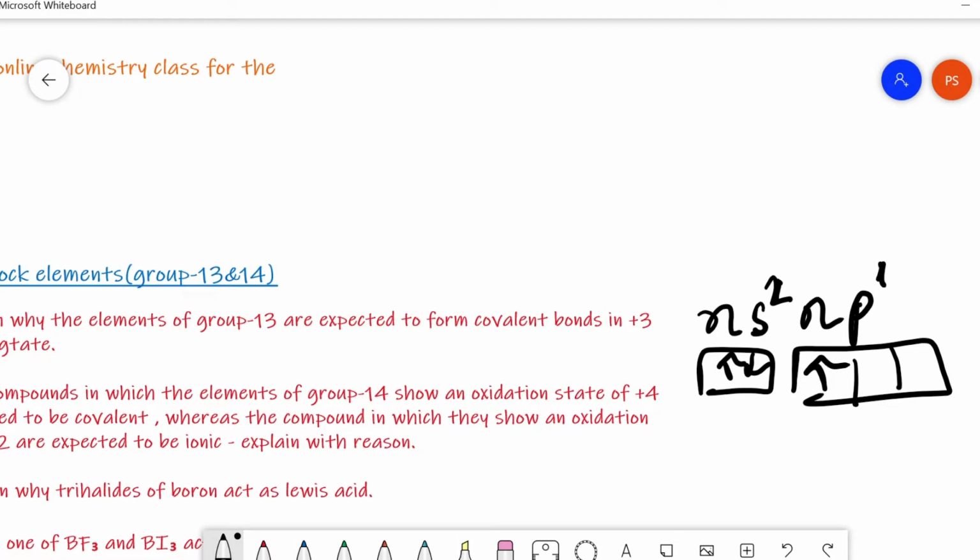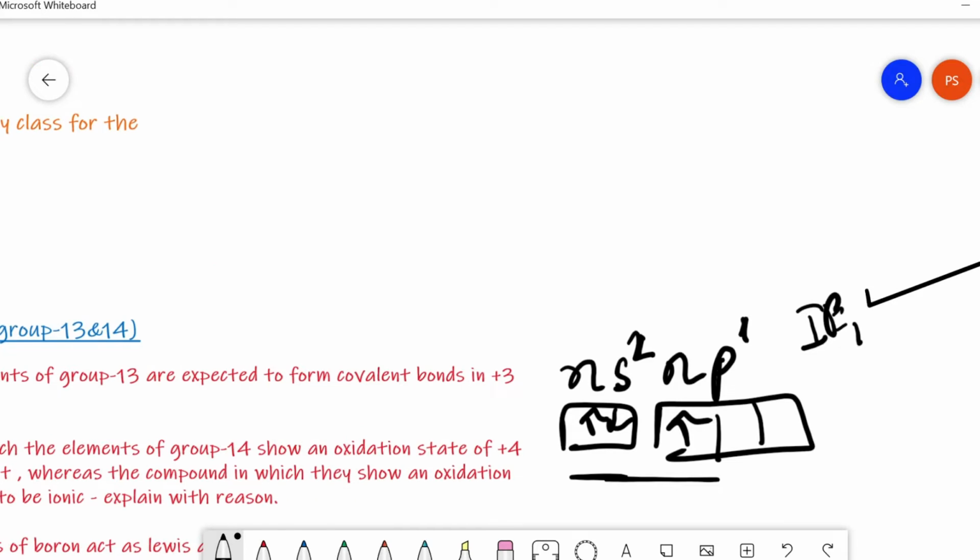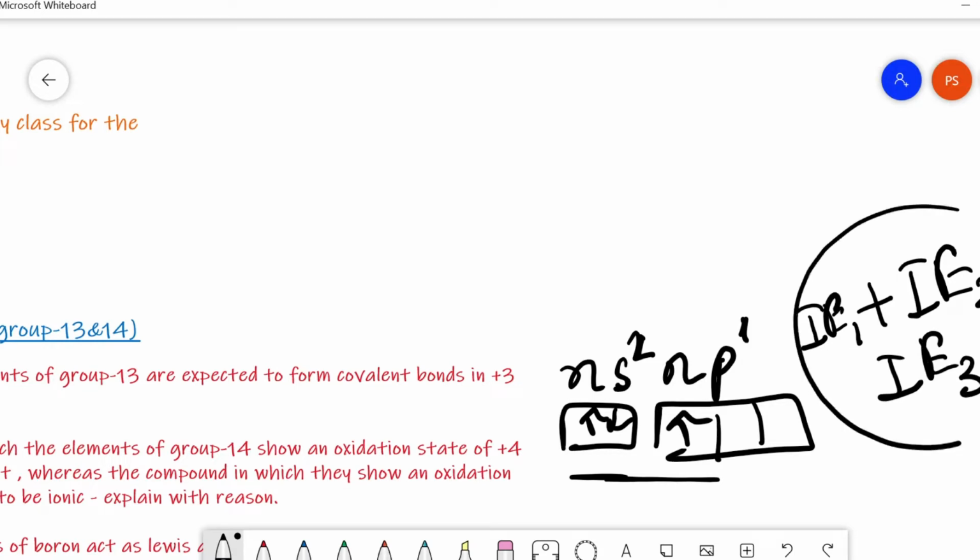Now, to produce +3 oxidation state so that group 13 elements can form ionic bonds in +3 oxidation state, the 3 valence electrons present in the valence shell are required to be removed. Now, for this process, the first ionization energy, second ionization energy, and the third ionization energy are required to be given to the elements.